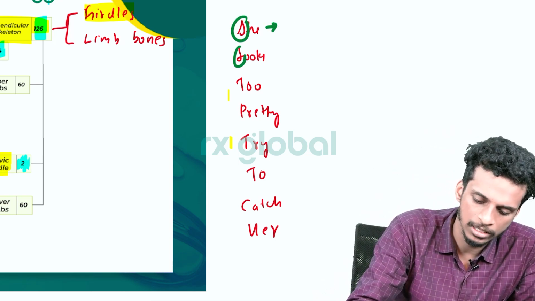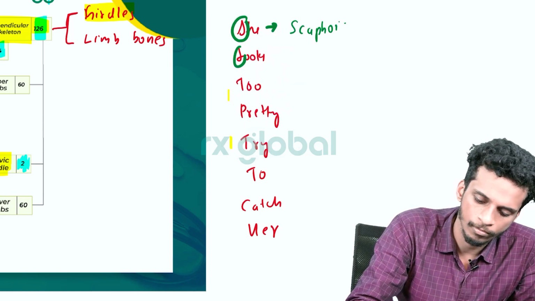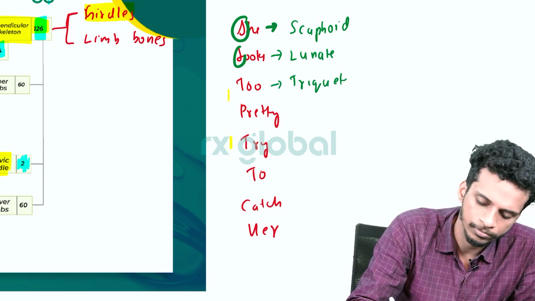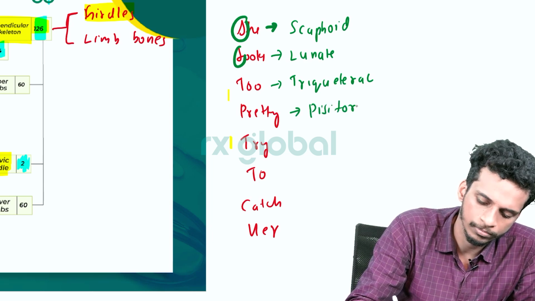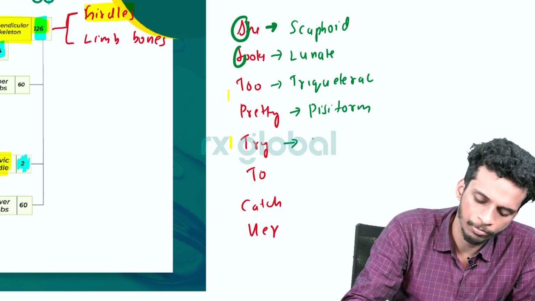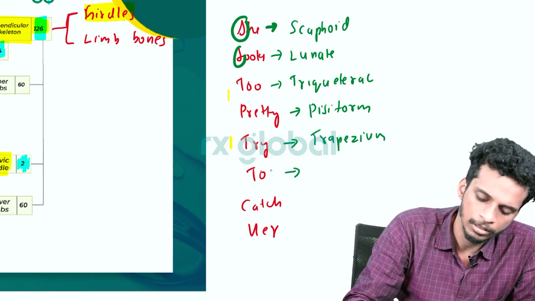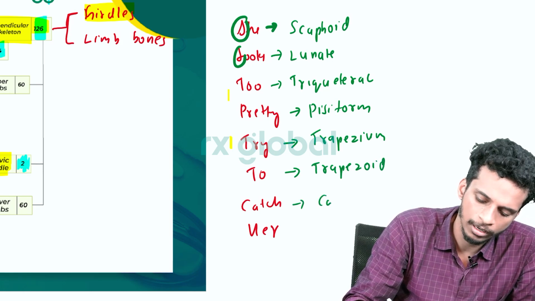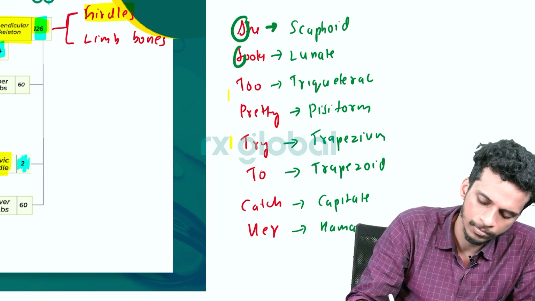So S for scaphoid, S for scaphoid, L for lunate, T for triquetral, P for pisiform, T for trapezium, T for trapezoid, C for capitate, and H for hamate.